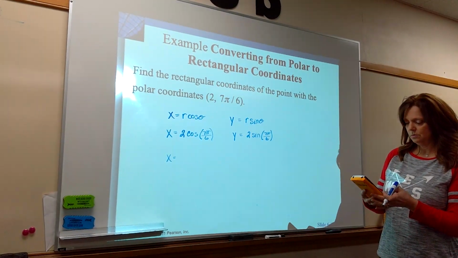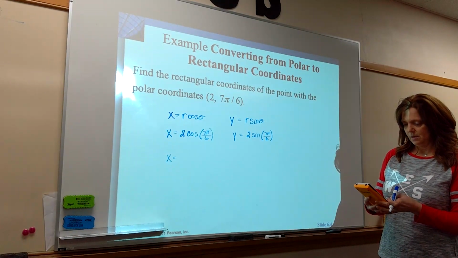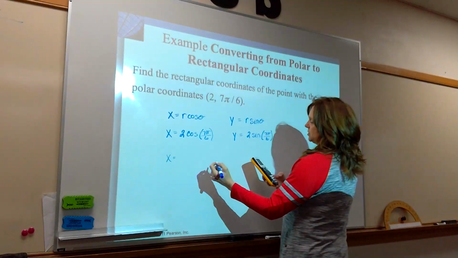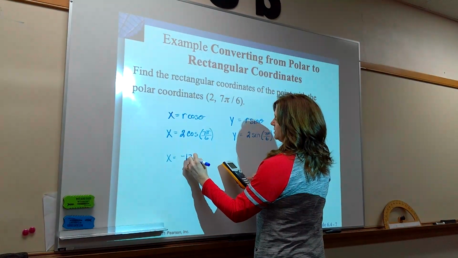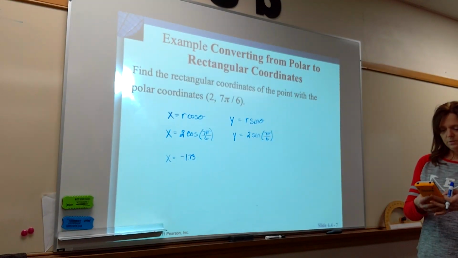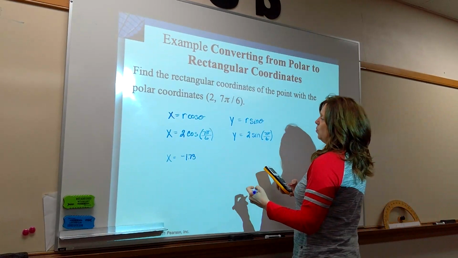So 2 cosine, and then type in 7 pi over 6 gives us negative 1.73, and then 2 sine 7 pi over 6, negative 1.